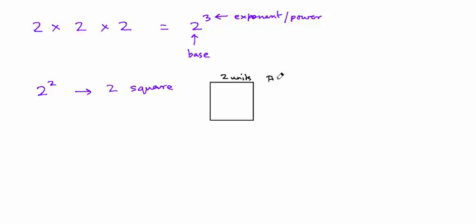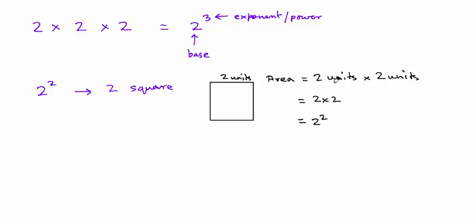And the area is given by the formula length times width, but on a square, because all 4 sides are the same length, we have this as 2 units times 2 units. Multiply the numbers together, so that gives you 2 times 2, which can be written as 2 raised to the second power, and that's actually where this name square comes from.